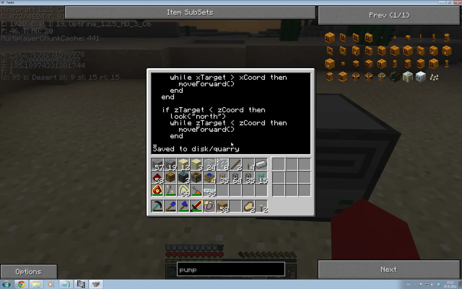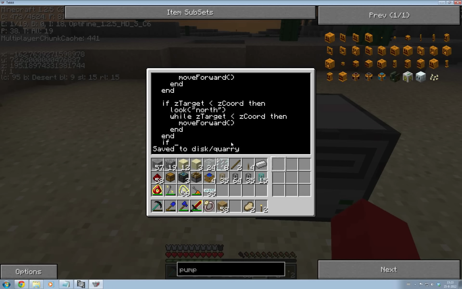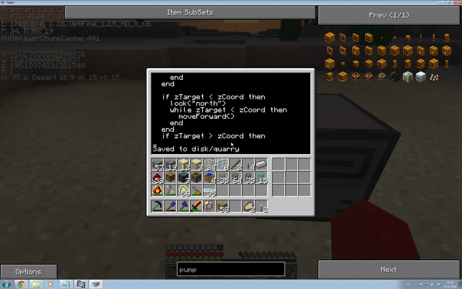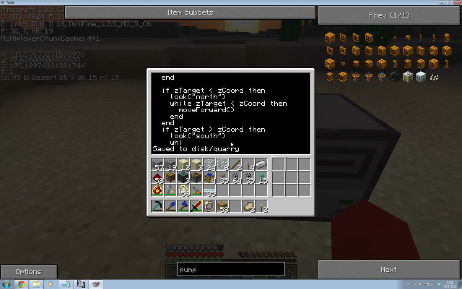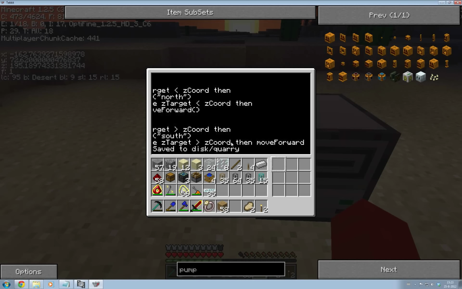And if z target is bigger than z coord, then look south, turn, and while z target is bigger than z coord, then move forward. Whoops, might want to put that on the next line.